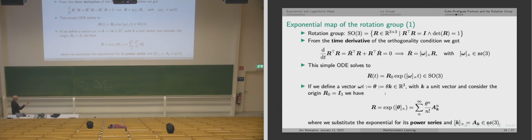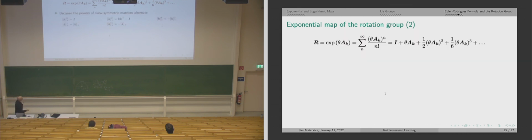Then the exponential decomposes as a power series, just the definition of the exponential, using these elements of the Lie algebra. So by having n, this is a matrix power, right? So it's multiplication by itself. So it writes down this way.